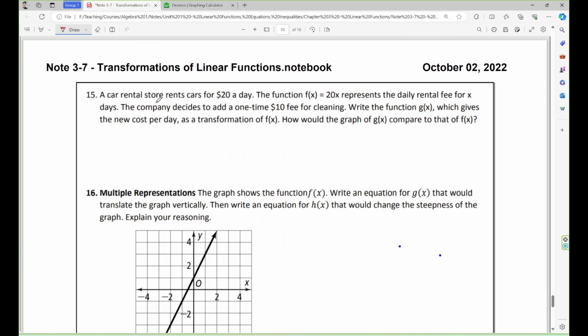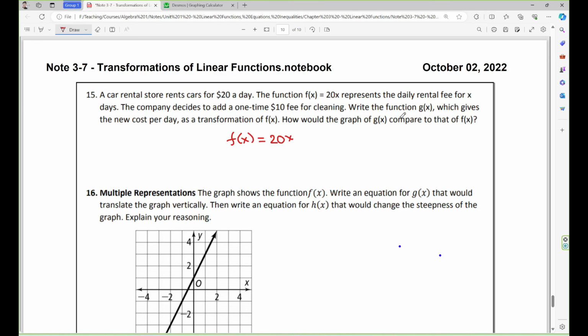Alright, now question 15. A car rental store rents cars for $20 a day. The function f of s equals 20s. Right, so I just write f of s right here equals 20s. Alright, the company decided to add a one-time $10 fee for cleaning.